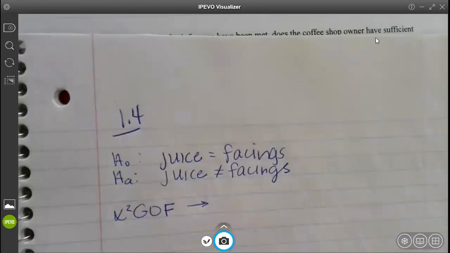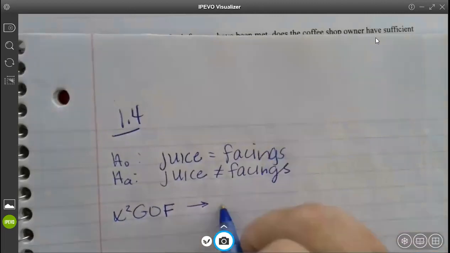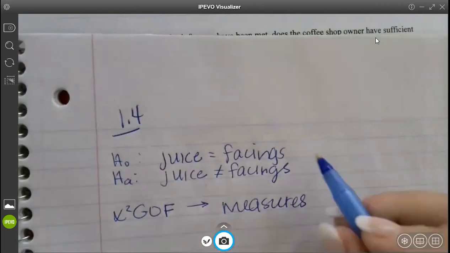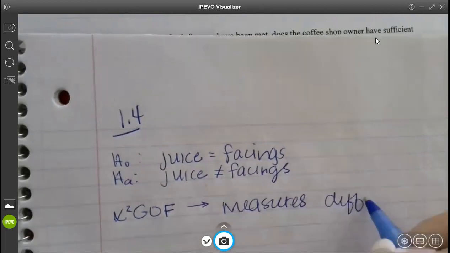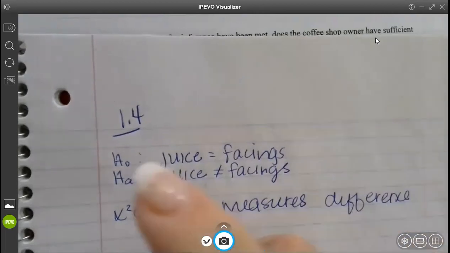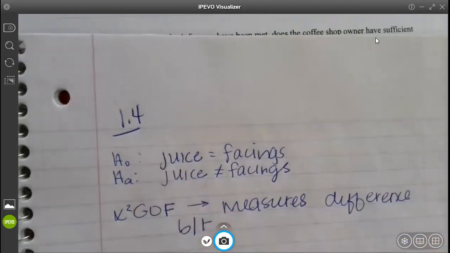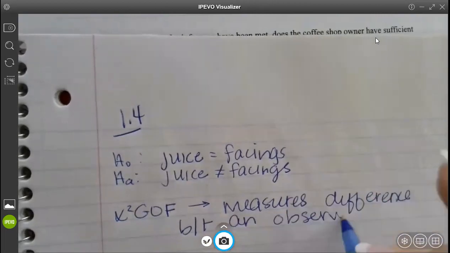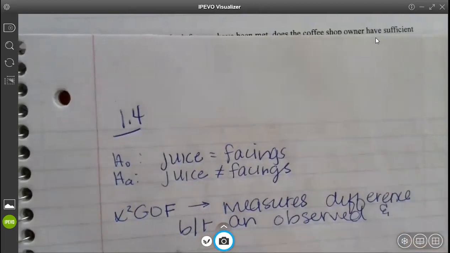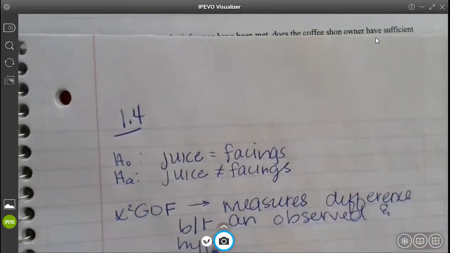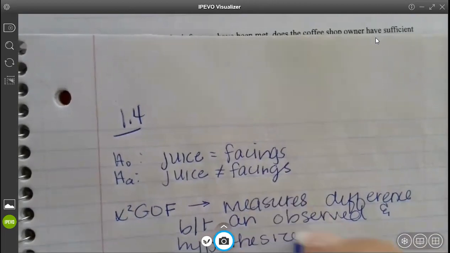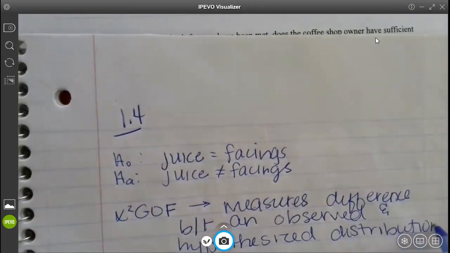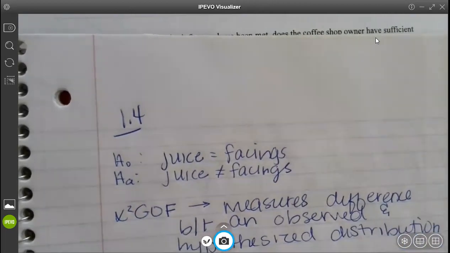And I'm gonna give you a little bit of information here. Why are we doing it? Because a chi-square GOF test measures the difference between an observed and hypothesized distribution of categorical values.